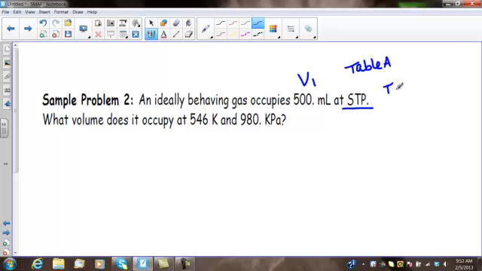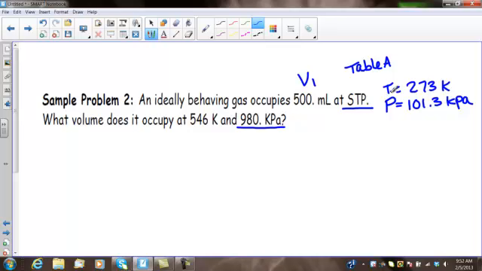Standard temperature is equal to 273 Kelvin. Standard pressure can be 1 atmosphere, 760 millimeters of mercury, or 101.3 kPa. To decide what standard pressure I'm going to use, I'm going to look at my P2, which I see is in kPa. So I want to use the standard pressure that's in kPa, 101.3 kPa.